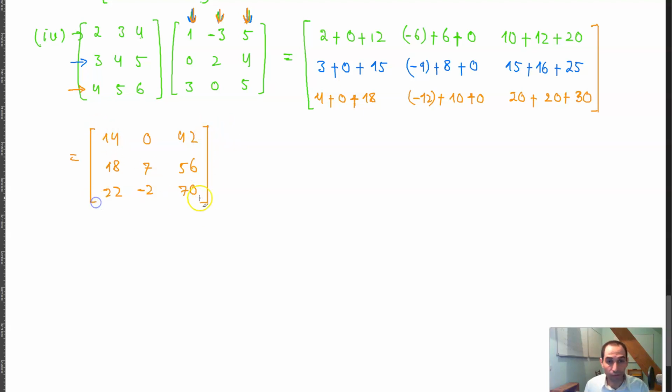So there you have part 4 of this question, which is 14, 0, 42, 18, negative 1, 56. That's supposed to be a negative 1. So this is the second row. This one is, there is a problem here. 56 and 22, negative 2 and 70.